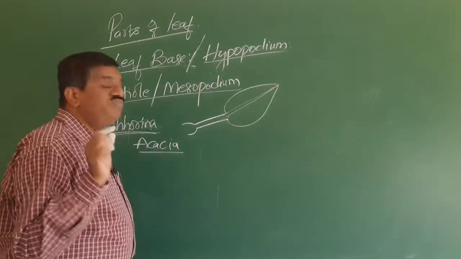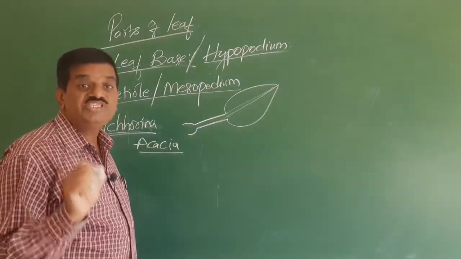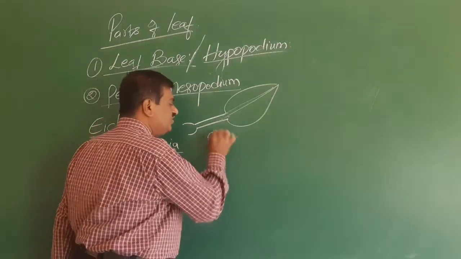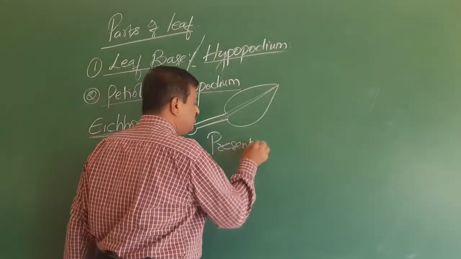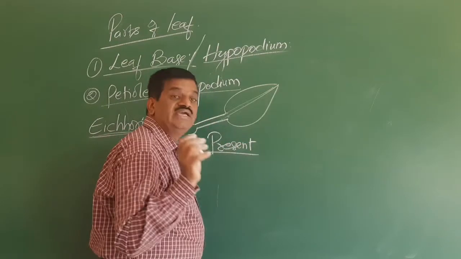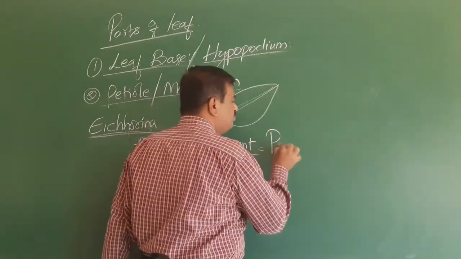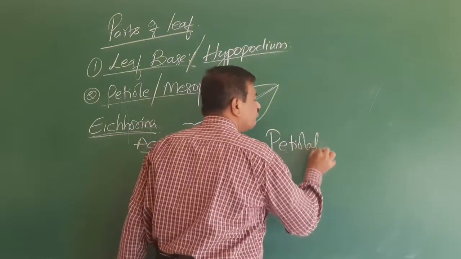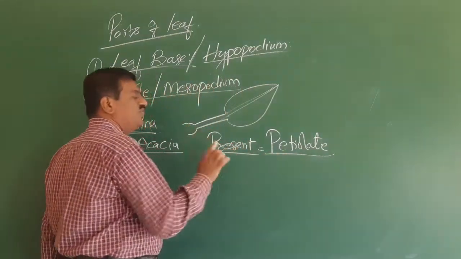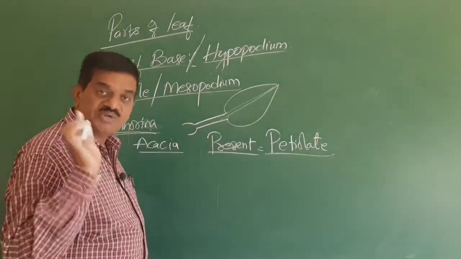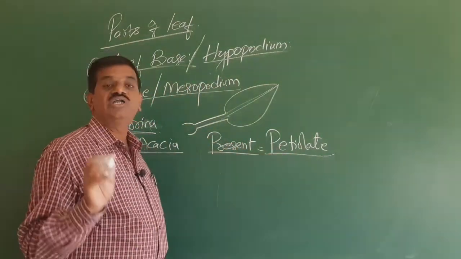Now, if a stalk called petiole is present in a leaf, it is called petiolate. I'll repeat this. If a petiole stalk is present in a leaf, we use the word petiolate.